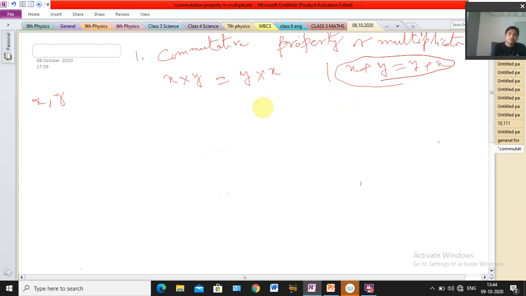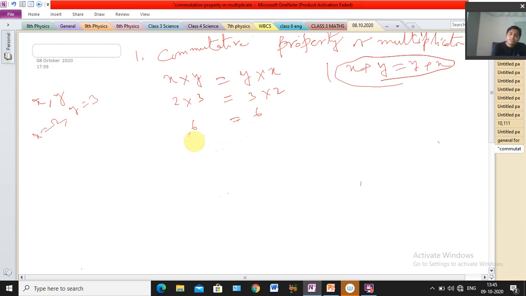Okay. So now see, if we put the value of x, suppose x equal to 2, y equal to 3. At first 2 into 3 equal to, here the value of y is 3, so 3 into 2. 2 into 3 is 6. Similarly, right hand side also we are getting 3 into 2, 6.